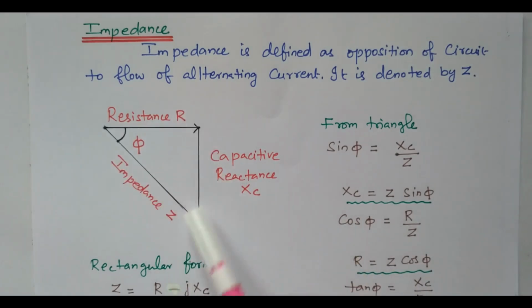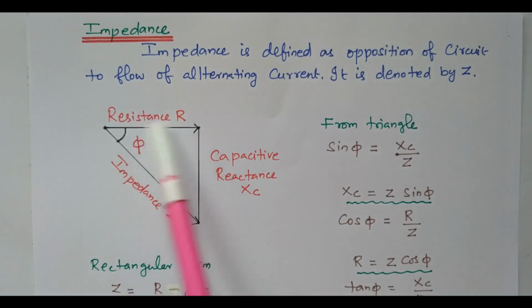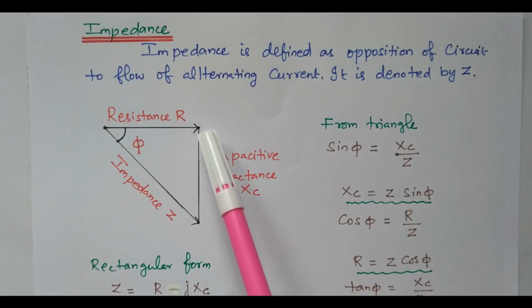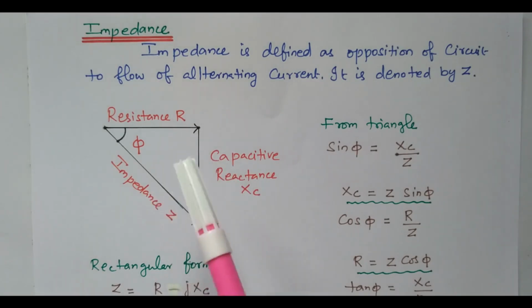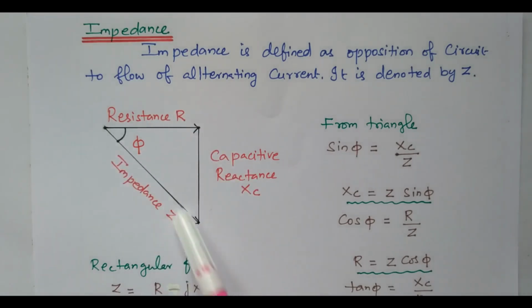So the impedance triangle is available. This is the resistance R, that is in phase with the current. This is the capacitive reactance Xc. The voltage is lagging the current, so it goes downwards. That is, current is leading but voltage is lagging. The sum of these two, R and Xc, is nothing but the impedance.